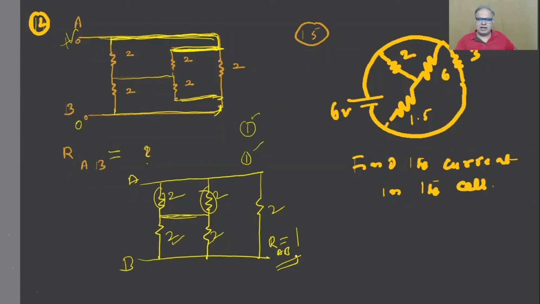Start from the cell anytime. Say this is some V, this is some 0. That means all this is 0 potential, right? Yes, sir. So between these two, if somehow this becomes 1, that will be in parallel with this, right?